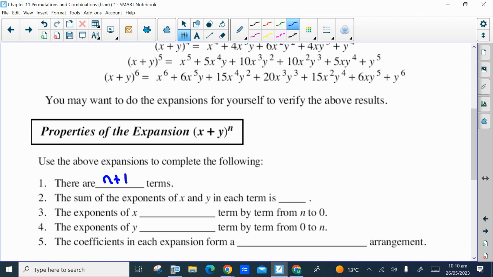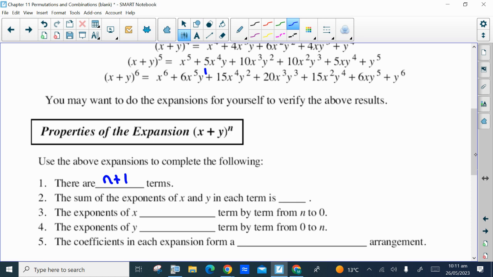The next observation deals with the sum of the exponents of x and y in each term. If you look at the last row, for the first term, there's only one exponent, that's 6. For the second term, the exponents are 5 and 1. They add to get 6. The next term, the exponents are 4 and 2. They add to get 6. In every case, the sum of the exponents equals n.